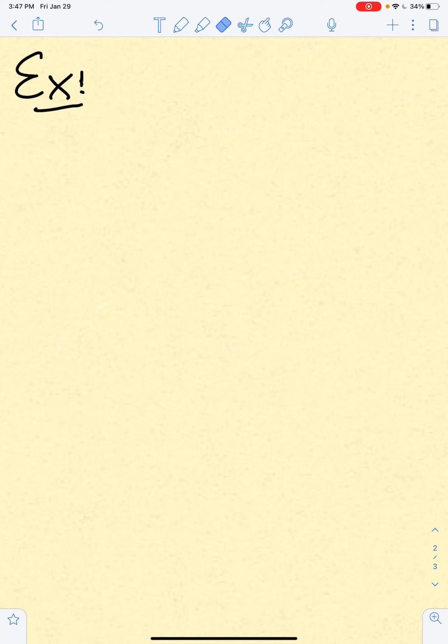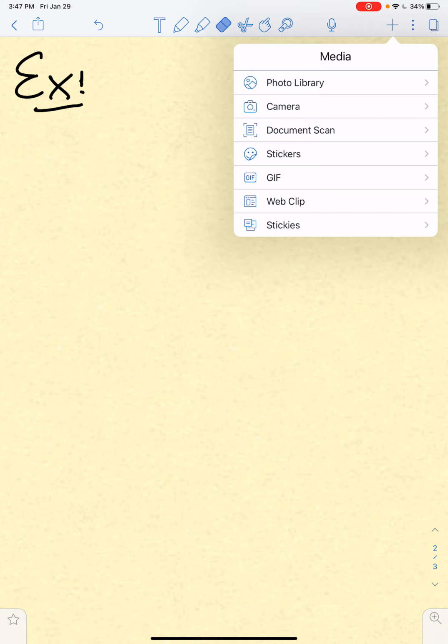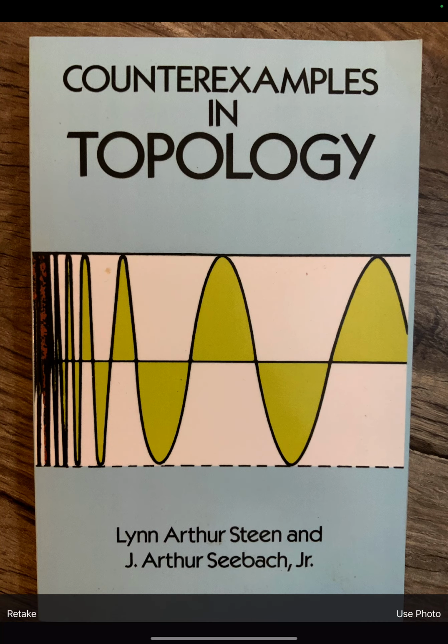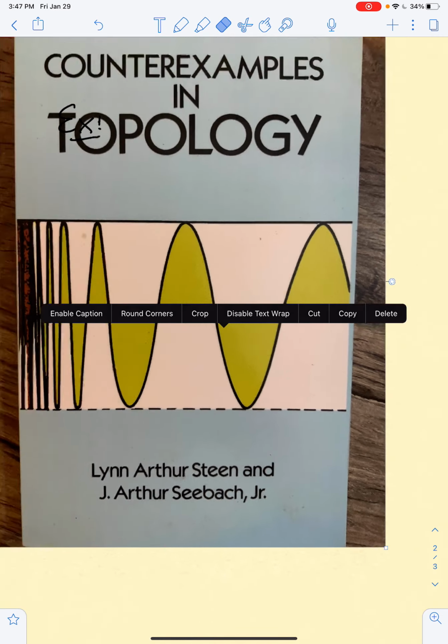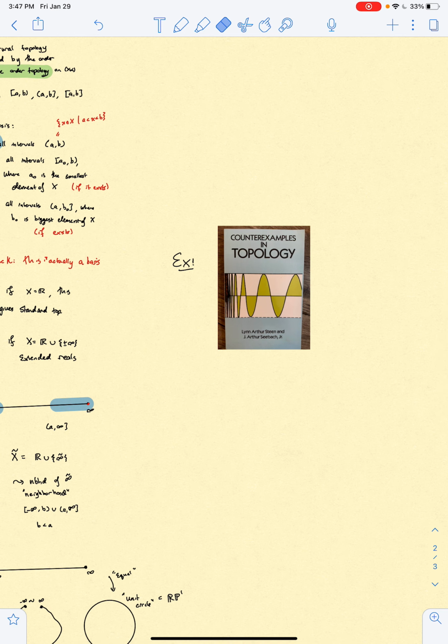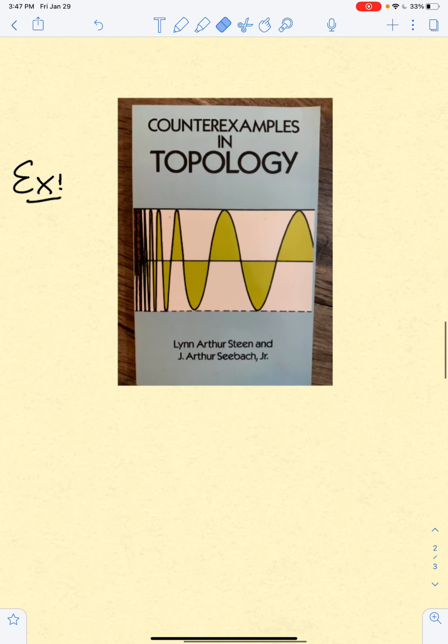All right, I'm back. One sec. I can take pictures of things. It's a great little book.